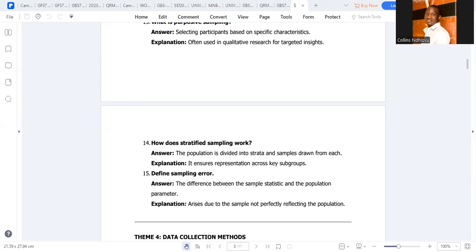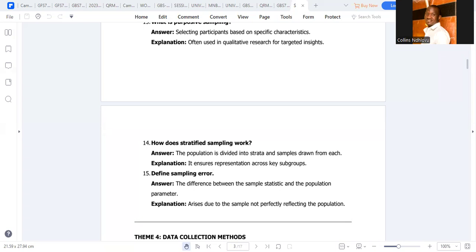Okay, so not because they're convinced, but because it is socially acceptable. We have what we call sampling frame bias. It also comes about when the list or sampling frame from which the sample is being drawn is incomplete or inaccurate. You're doing a case study of SMEs in Zambia, using a list of manufacturing SMEs, but the list is not complete. It doesn't cater for all the manufacturers.